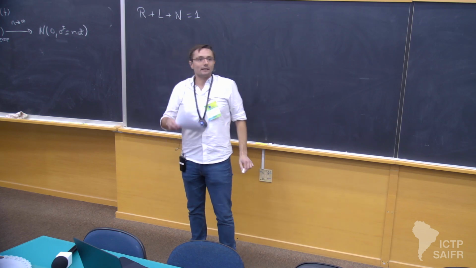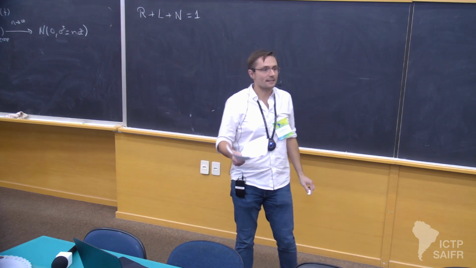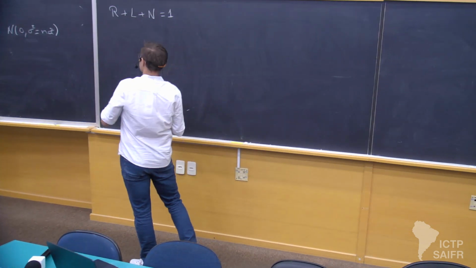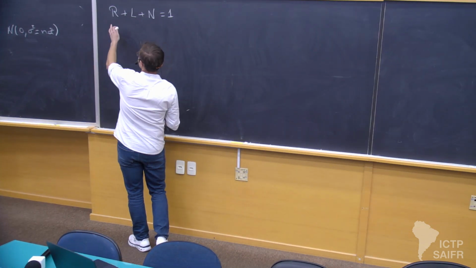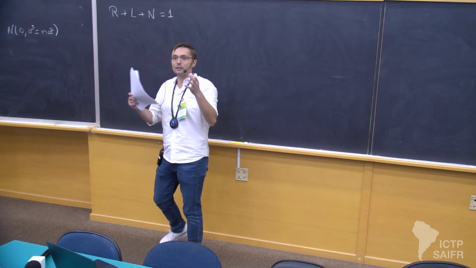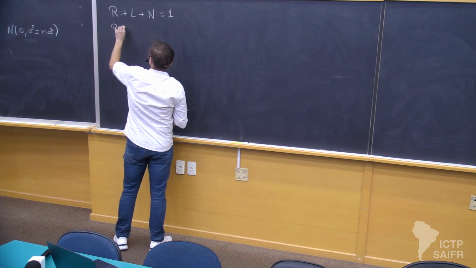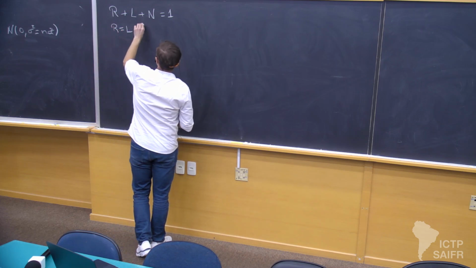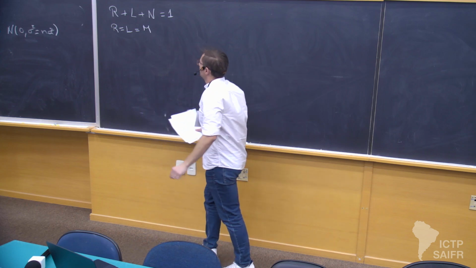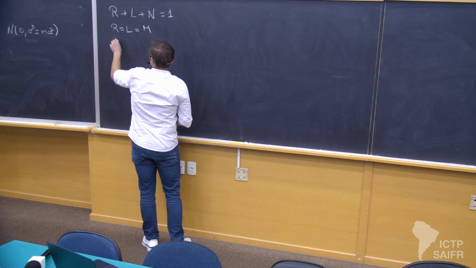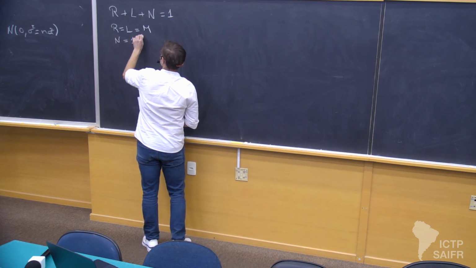If I, on top of that, constrain myself to symmetric random walks, which means that the probability of jumping to the right and to the left is the same, then R is equal to L, and I'm going to call this M. And therefore, N is going to be 1 minus 2M.